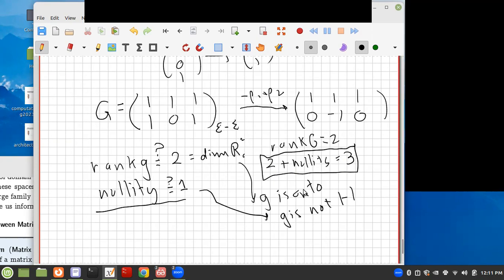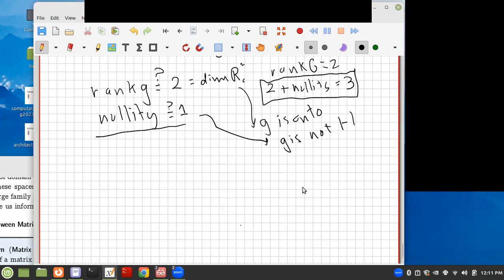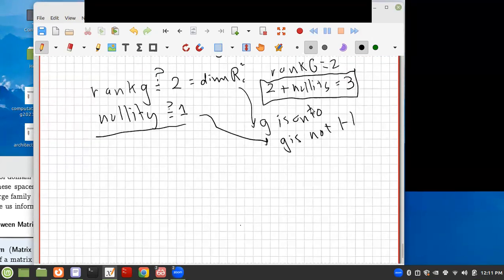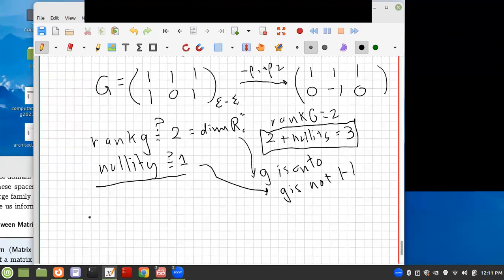Okay? Now, if we wanted to find the range space and the null space, we could go back to the general formula, or what we want to do is find 1, 1, 1, 1, 0, 1. This represents the map via multiplication from vectors in V, the domain, to the codomain.